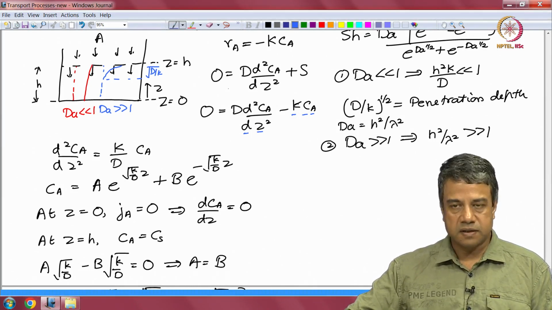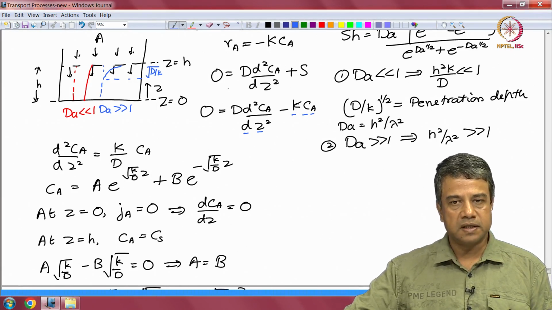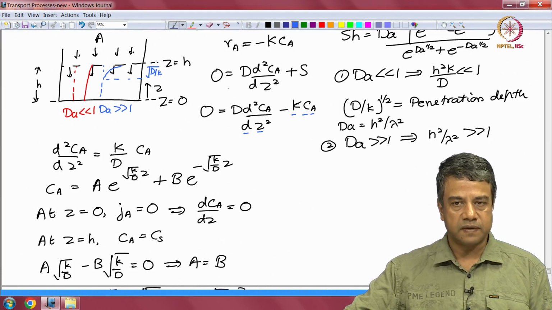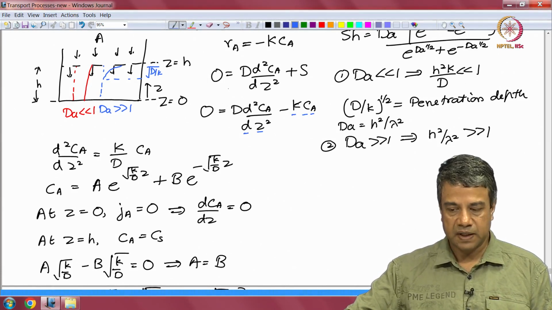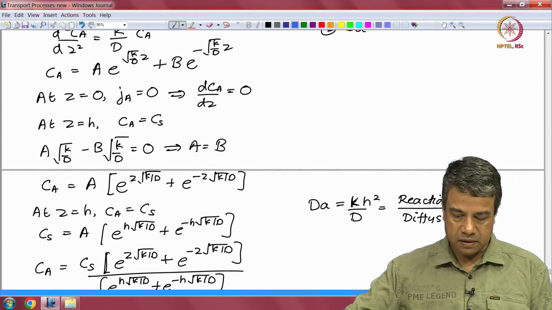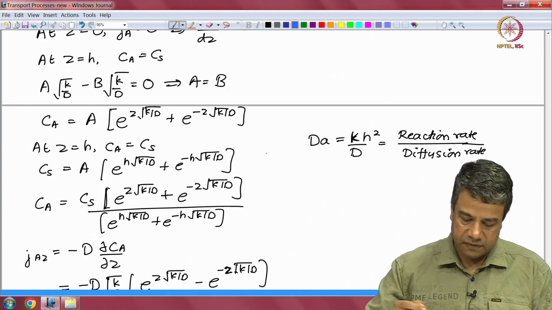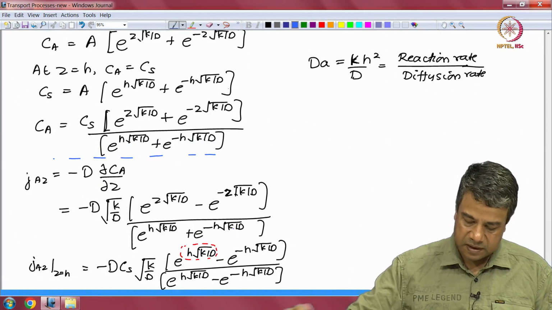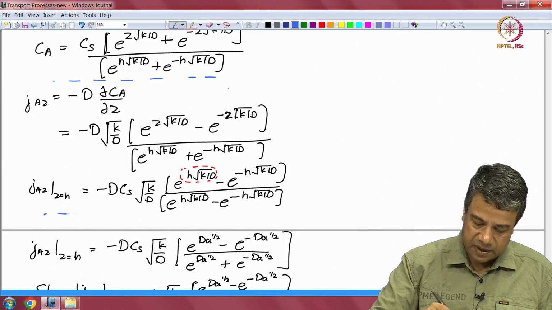And because of this we get exponentially increasing and exponentially decreasing profiles, because it is a first order reaction. So, source is proportional to Ca itself, and we had rewritten this in terms of the Damkohler number. So, we had got the solution for the concentration field, and from that we had got the solution for the flux at the surface.